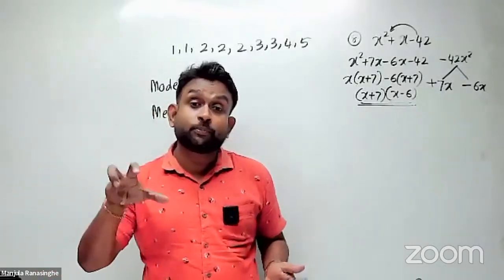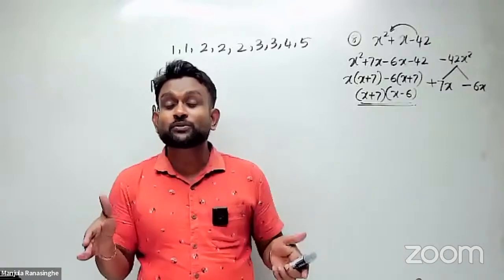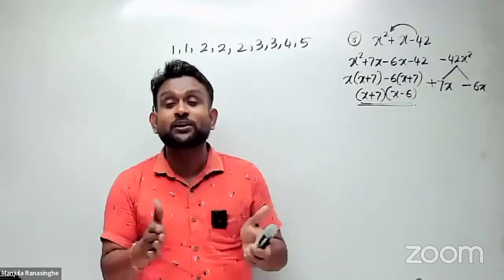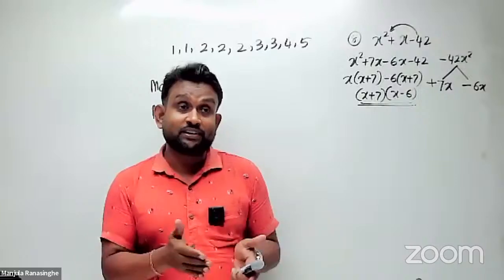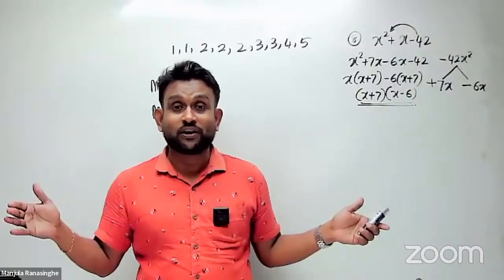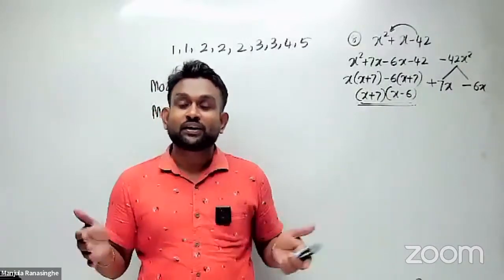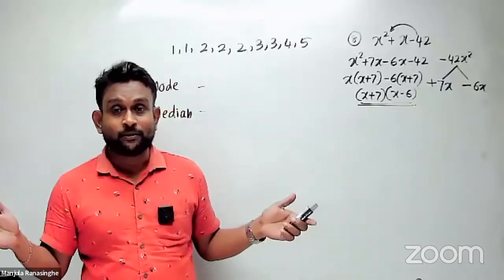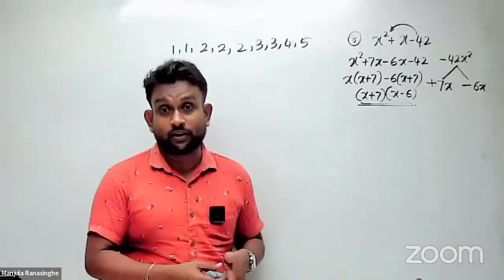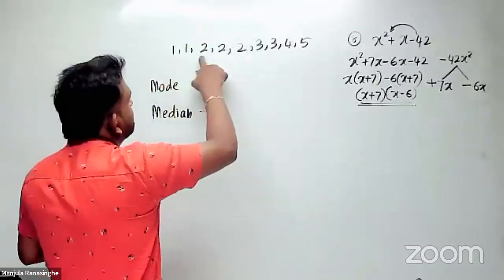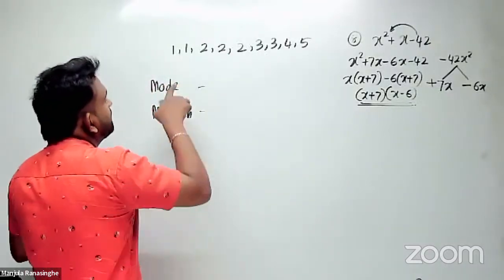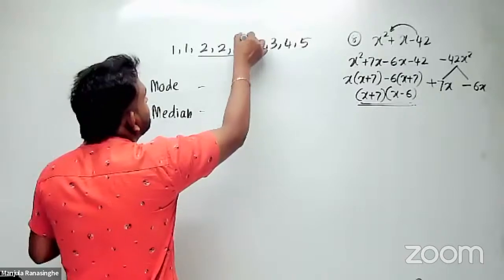In this type of question the sample size is very low in the O-level paper. They will not give 20, 25, 30 data, maybe just 8, 10, 12 data for the first paper. So arrange in ascending order and take the most repetitive data.